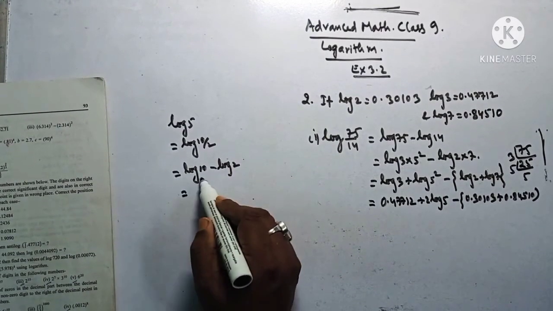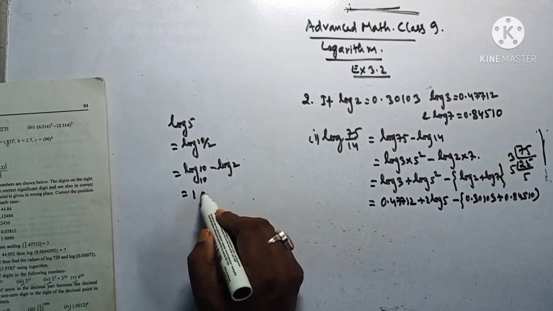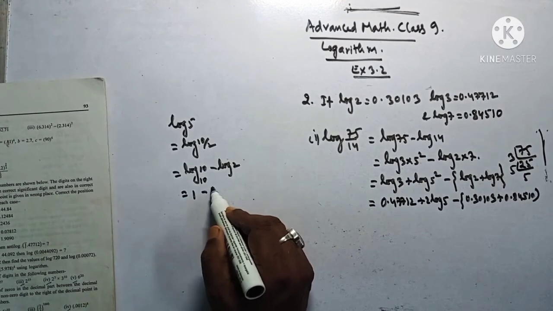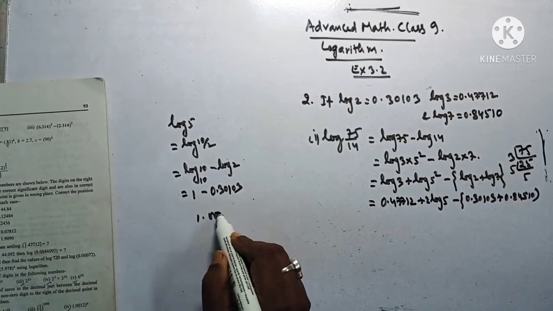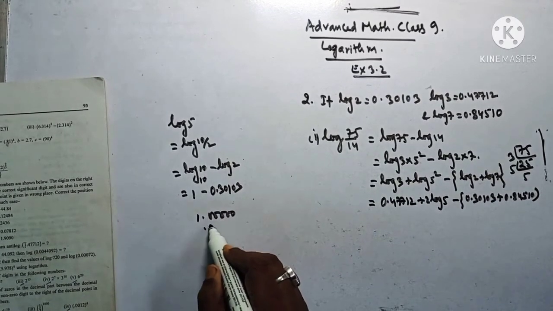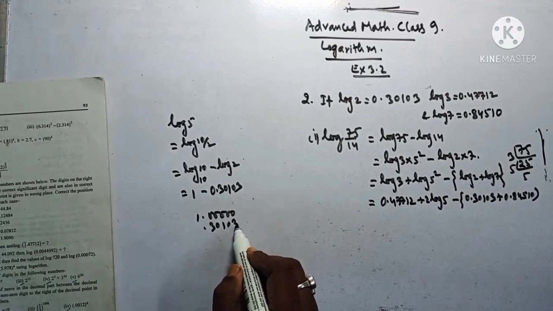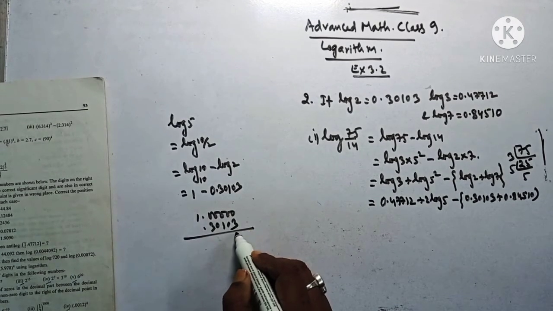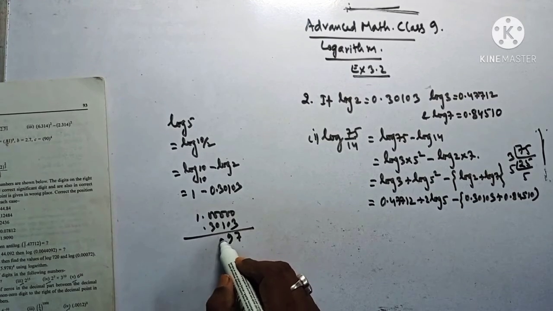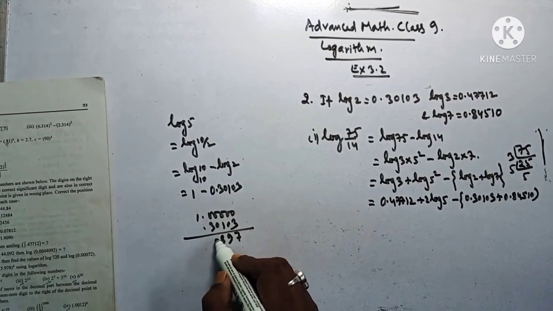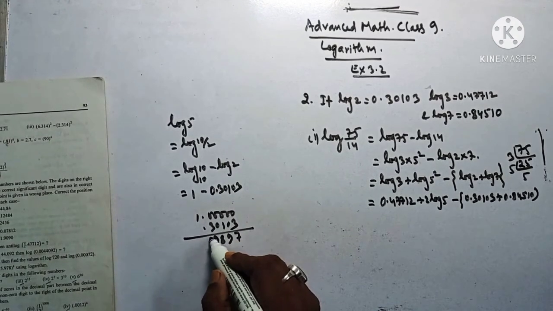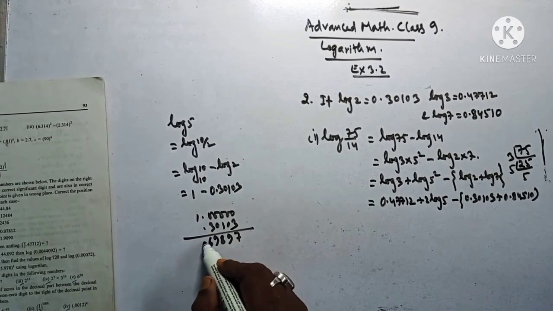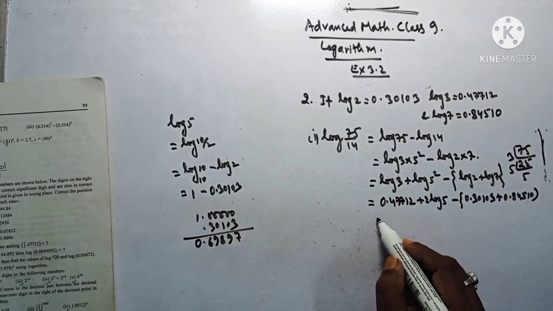So this is 10 base, this is 1, minus log 2 value is 0.30103, so 1.00000 minus 0.30103. If you subtract it, this is 10 minus 3 is 7, 9 minus 1 is 8, 9, and 9 minus 3 is 6.